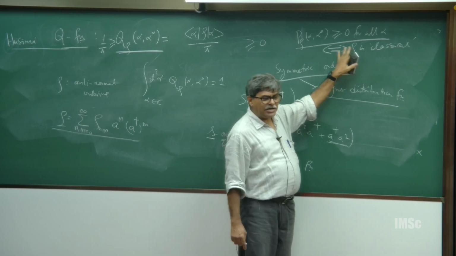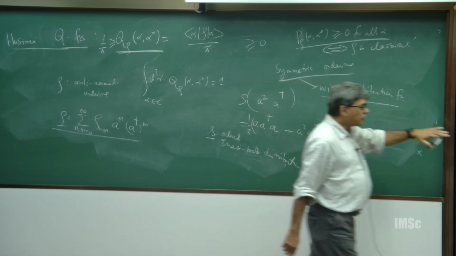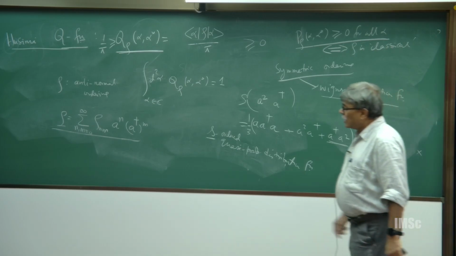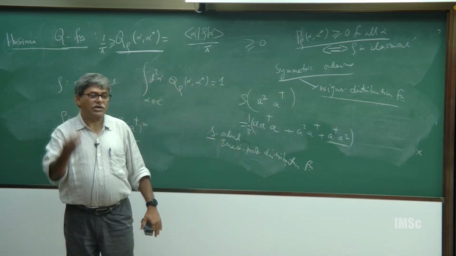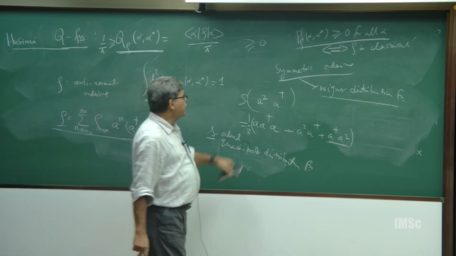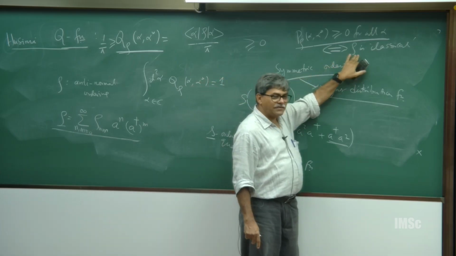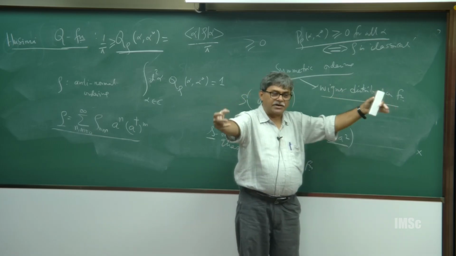In which respect will it behave non-classically? How do I understand this is non-classical? Of course, from the mathematical expression I understand this is non-classical, because then this is not a proper probability distribution function. But there are operational ways of understanding this non-classicality. Operational ways means I produce my system in such a state, a state of light, and then I put photodetectors there.